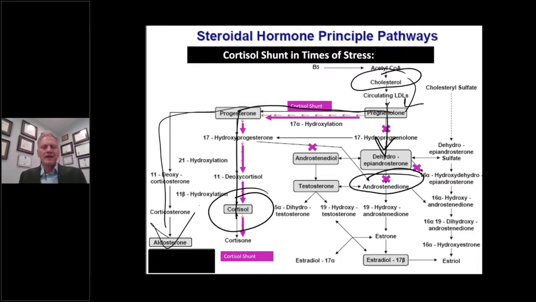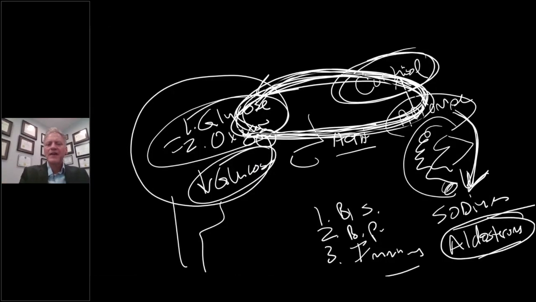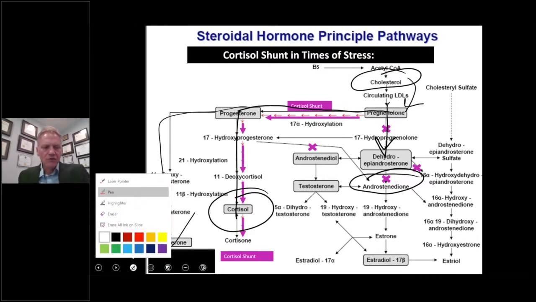So when cholesterol goes to the adrenals and makes pregnenolone, you're going to get one of three products. You're either going to get your androstenediones, your sex hormones, or you're going to get a production of cortisol, or you're going to get a production of aldosterone. Now, if you go down this pathway so many times and you're cooking out that cortisol at that level, you will begin to create what's called a cortisol shunt, and that cortisol shunt will do this.